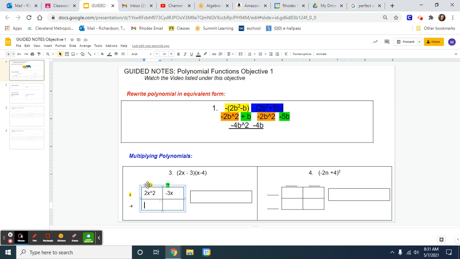Okay, for this box, let's look at 2x, but now we're looking at it multiplied by negative 4. 2x times negative 4 is a negative 8x. And then lastly, I'm looking at negative 3 and negative 4. What is negative 3 times negative 4? Two negatives make a positive. It's a positive 12.